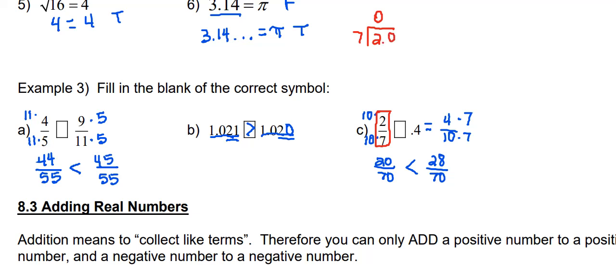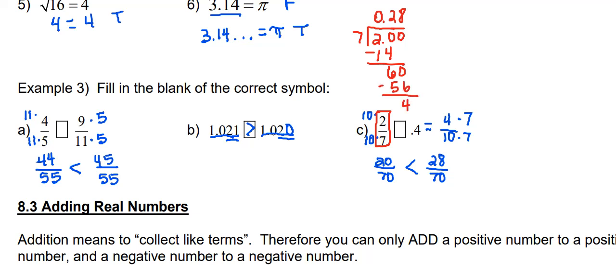I'm going to put a decimal and add a 0, and bring that decimal up to the top. So now I have 20. 7 can go into 20 2 times, and that would give me 14. If I subtract, I get 6. If I add another 0, 7 can go into 60 8 times, and that would give me 56, but I really don't need to go that far.